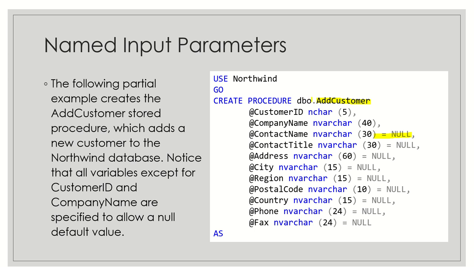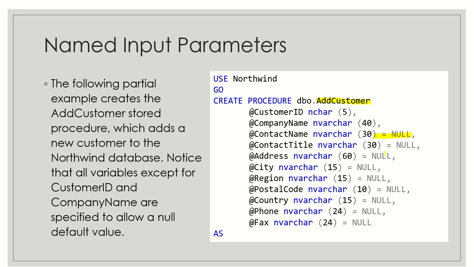Typically, when we create a procedure that is meant to add something to the database, we want to make sure that we provide a parameter for every field in the table that we're adding to. So if we're adding to the customer table, the add procedure needs to take a parameter for every customer field, even if you're not going to provide them all, because we still have to have that functionality in case we do want to provide a value for each one.